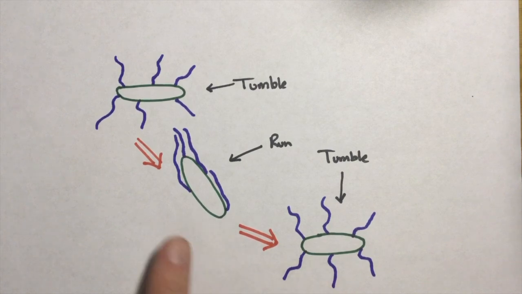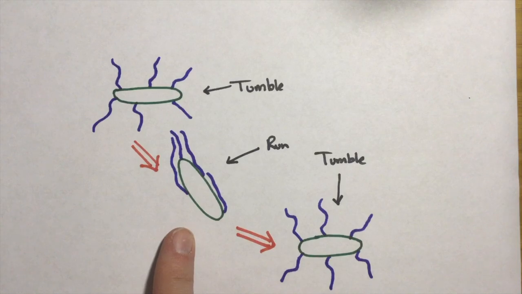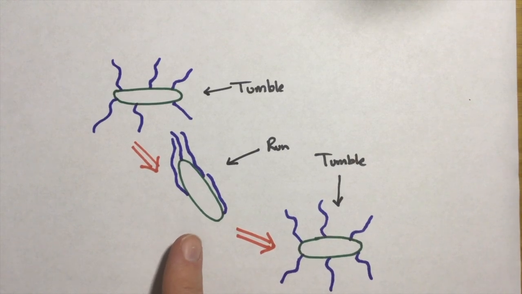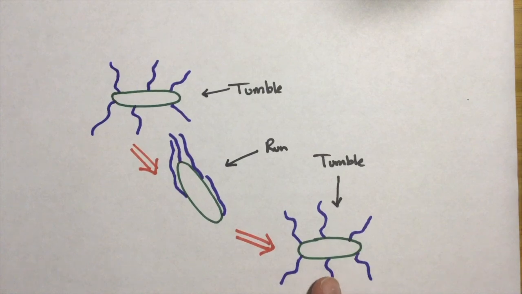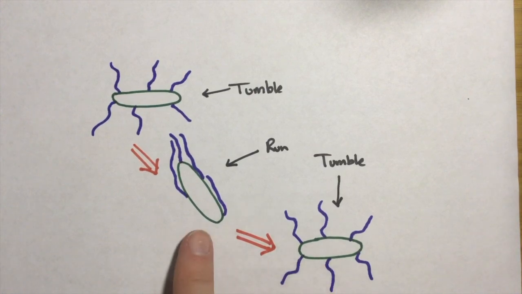What will happen is, if the bacterium is facing in the correct direction, towards the nutrients or whatever stimuli the bacterium needs, then it will not tumble as often, and so it will continue moving in the right direction more often in its run phases.